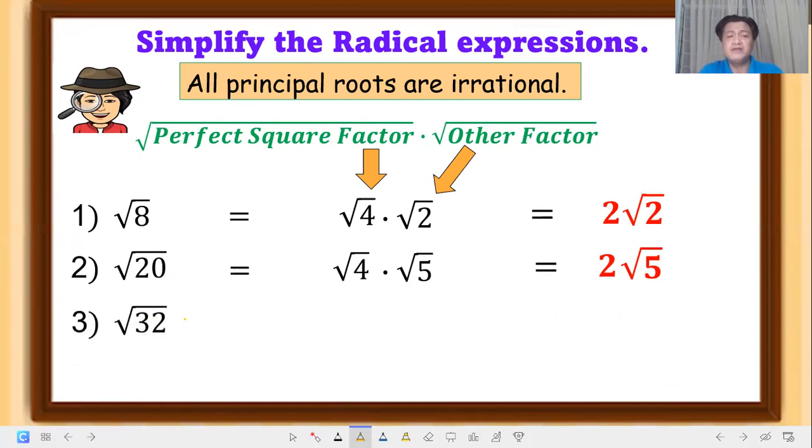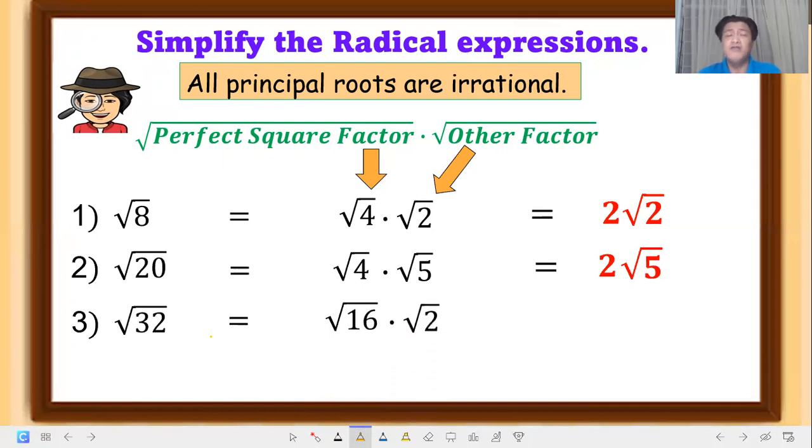Okay, and we have number 3, square root of 32. Okay, so ang pwede po dito ay 4 times 8. Pwede yon. Pero kailangan, you have to think higher. Yung mas malaki na factor or yung perfect na factor, no? So meaning to say, we have to use the 16 or square root of 16 times square root of 2.